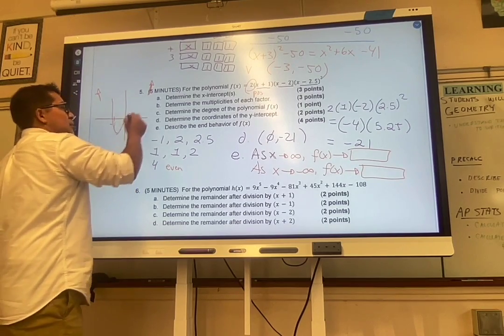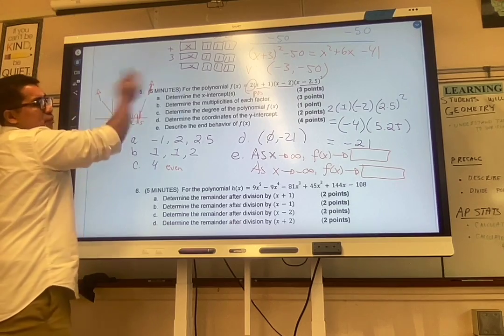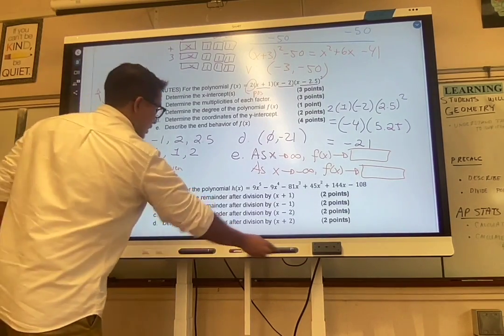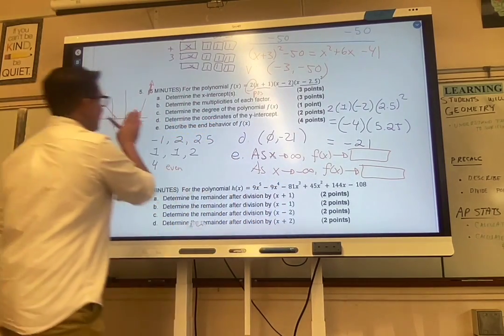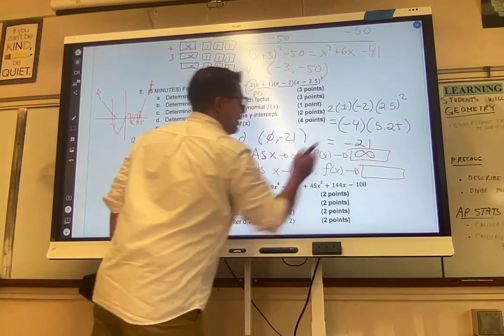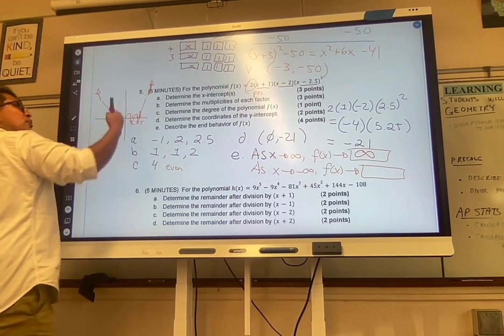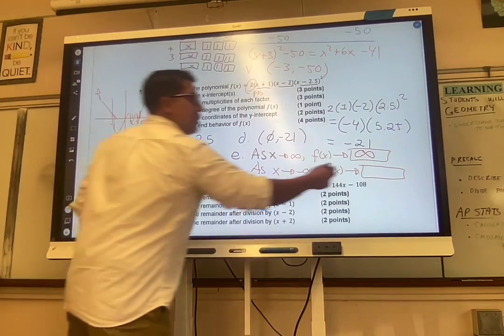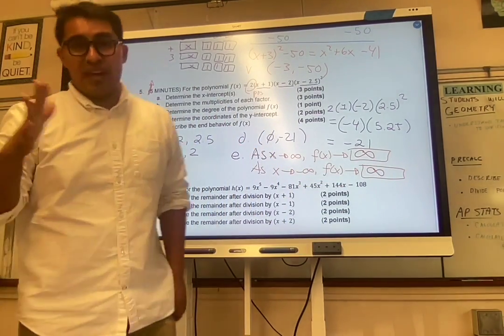So it has all of this business happening in the middle, but end behavior talks about what happens in the far left and far right. So what we should be writing in here is, as x goes to infinity, as I go to the far right, the graph goes up, therefore I write infinity there. And then as x goes to negative infinity, as I go this way, far left, where's the graph going? It's also going up, therefore I should put another infinity symbol in there. Okay? So that's end behavior, just writing those sentences.